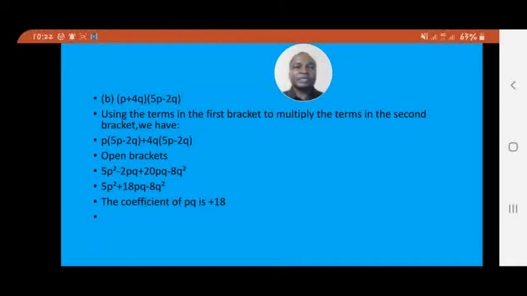Now the next step is to simplify the middle. You simplify the middle, as you can see, that is the same thing as 20pq minus 2pq, and that gives us plus 18pq.